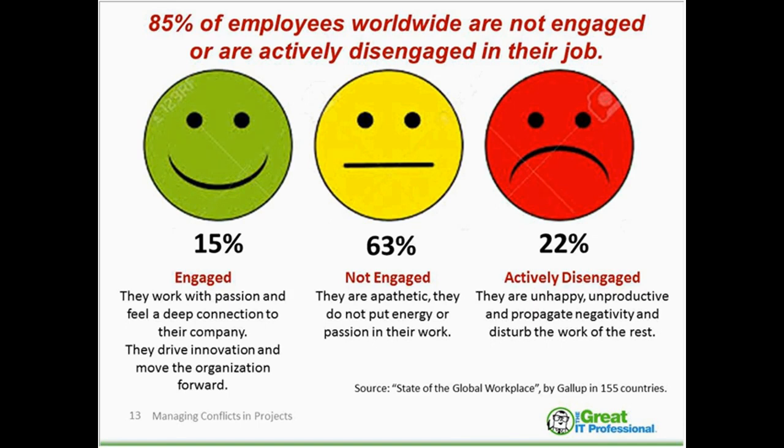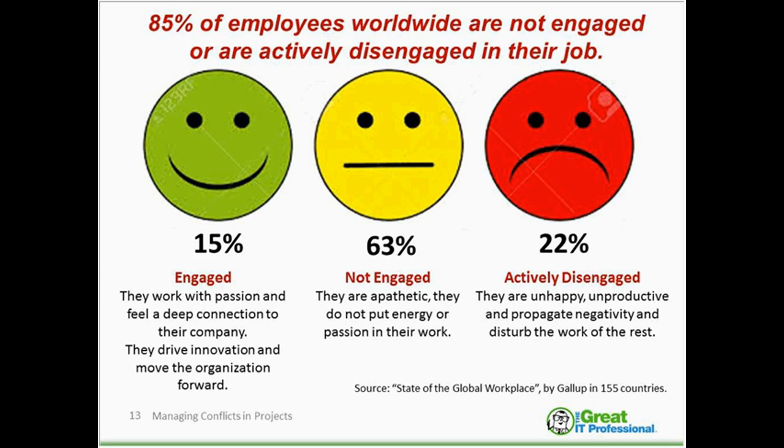I want to begin this presentation showing you the results of this study made by Gallup in 155 countries. The name of the study is The State of the Global Workplace. It's not actually about projects, but workplace in general, but it's really surprising, at least for me.